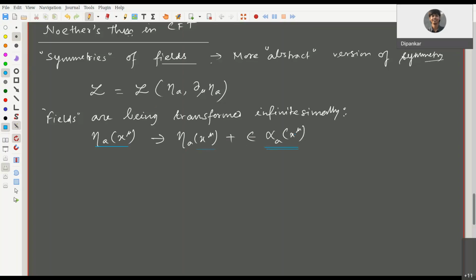As a result, if you change the fields by this amount, in general your Lagrangian will also change.